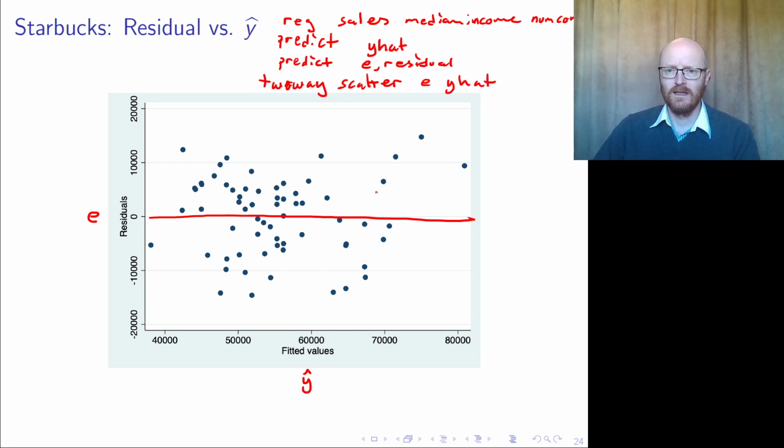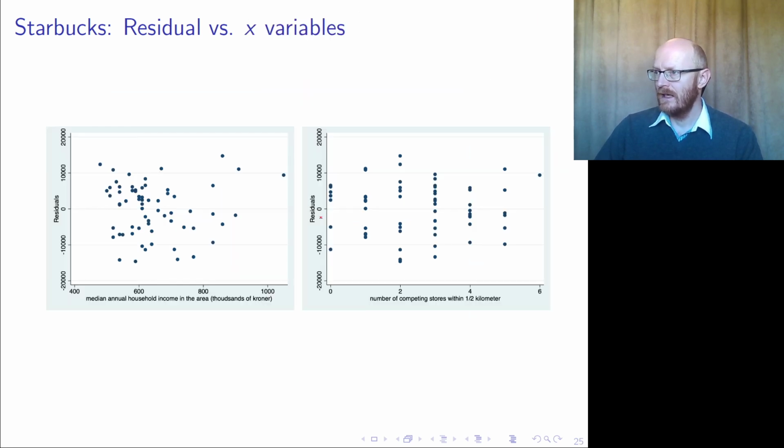Okay. And here you see no pattern. The variance of the residual is not dependent on the y variable. So this looks good.